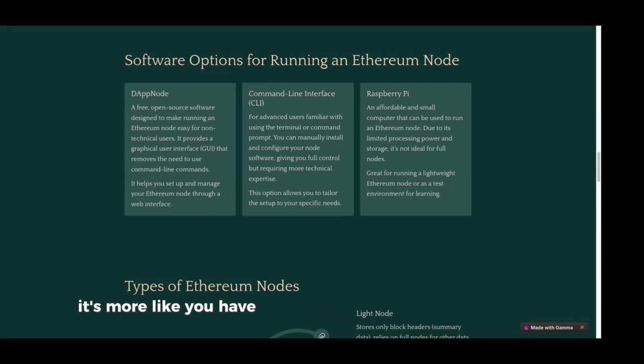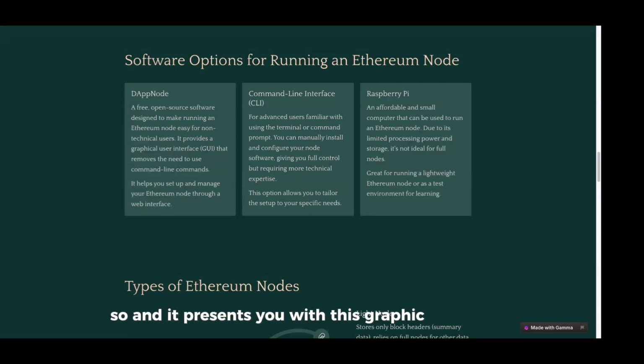You have different software in it that you can set up, and they are very easy to configure. It presents you with a graphic user interface that makes it very easy to interact with, unlike setting these things up using the command line interface. DAppNode abstracts all of these complexities.